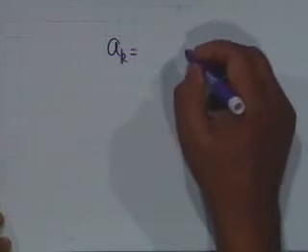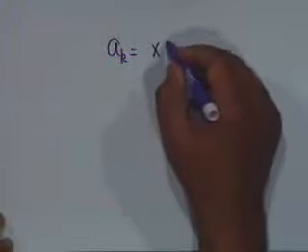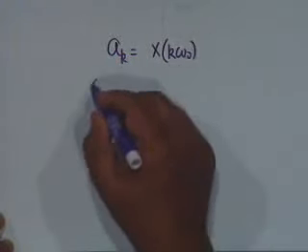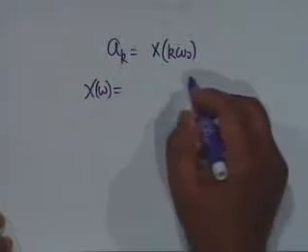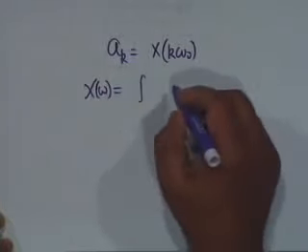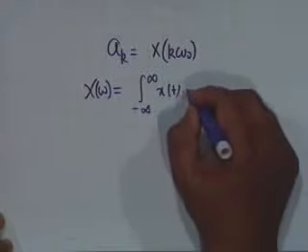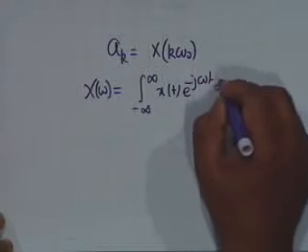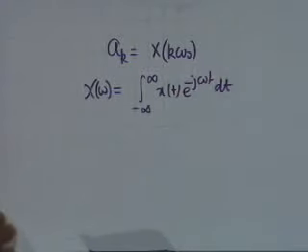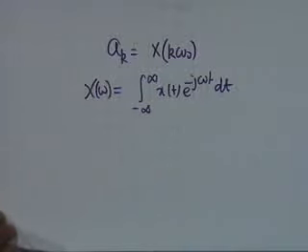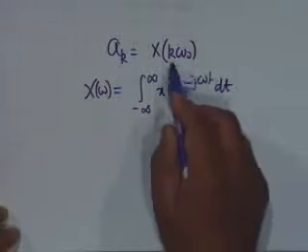It is X of k omega 0, where capital X of omega is defined as the integral from minus infinity to infinity of x of t e to the minus j omega t dt, the Fourier transform of x of t. The values of this function were taken at the various points k omega 0.